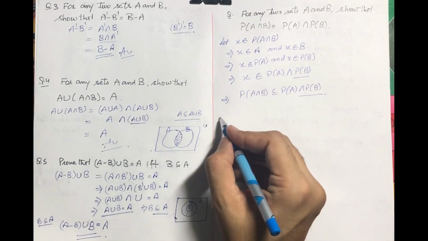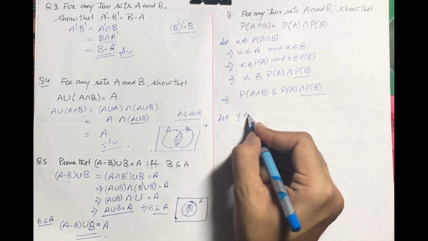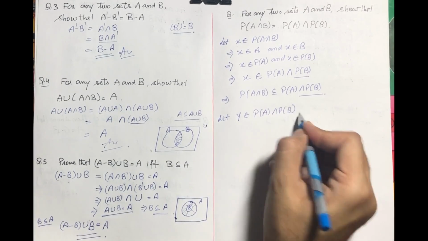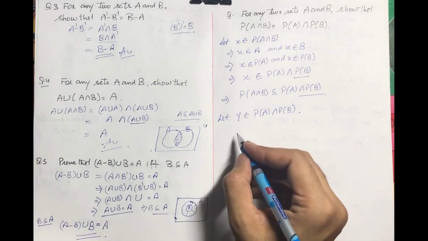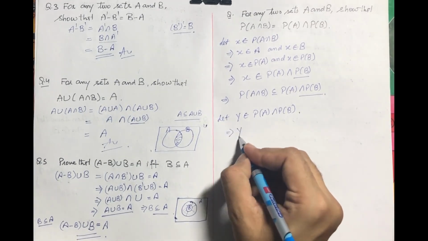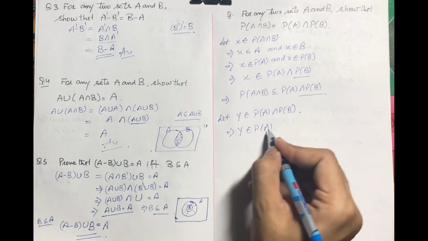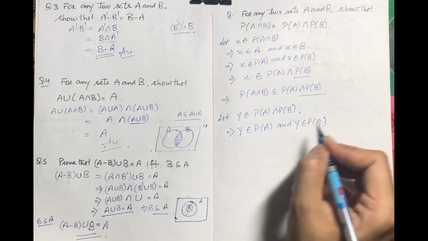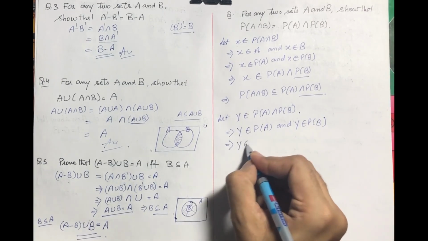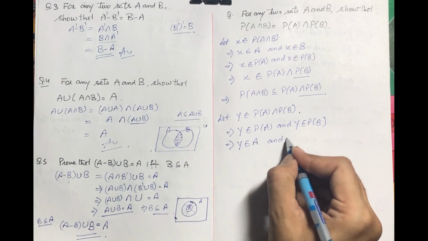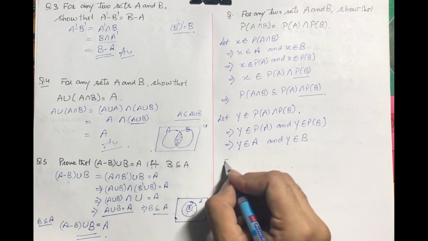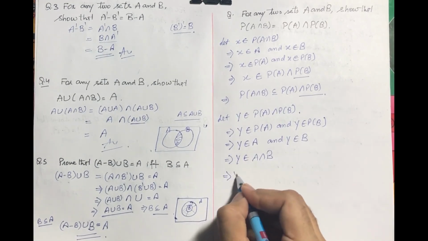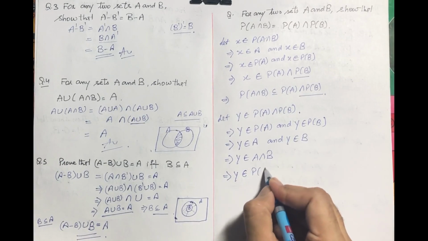Now let Y belong to P of A intersection P of B. So this further implies Y belongs to P of A and Y belongs to P of B, which further implies Y is contained in A and Y is contained in B. So it belongs to their intersection, so it belongs to the power set.